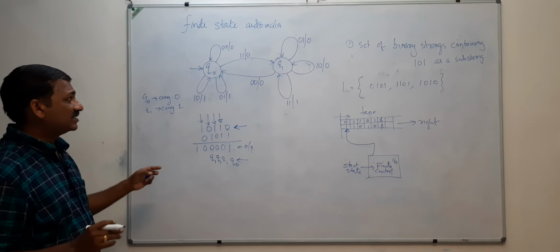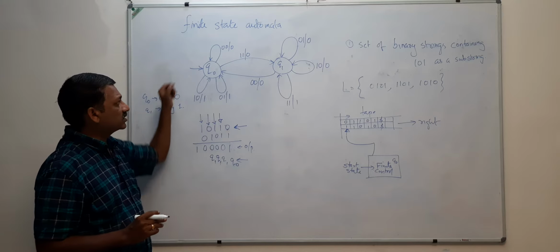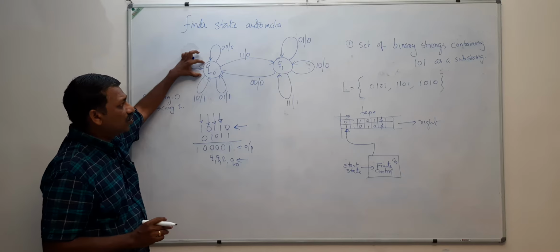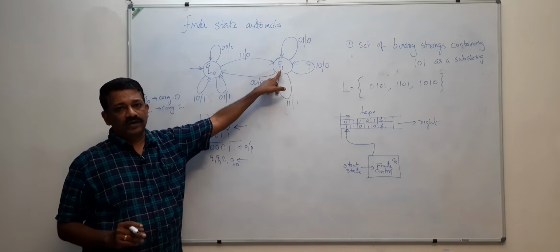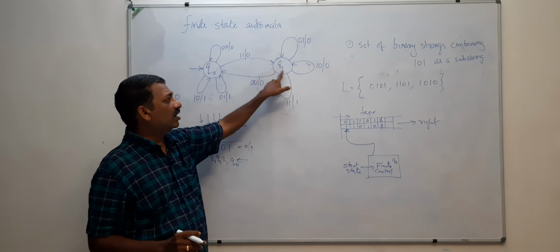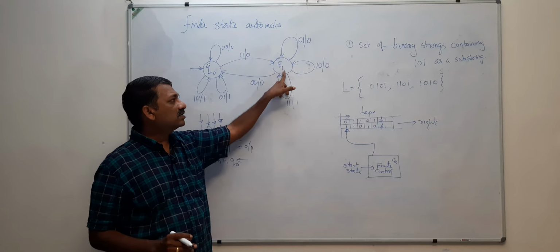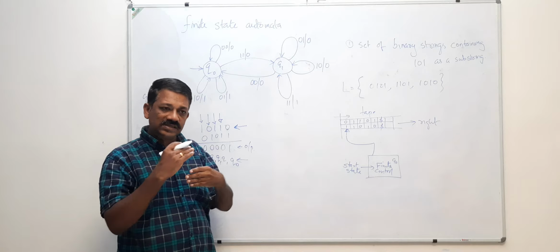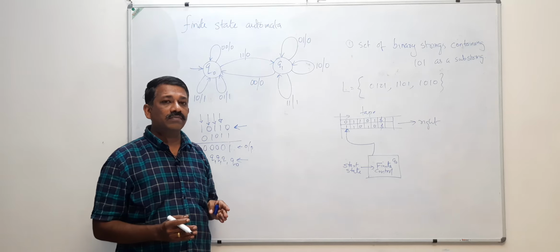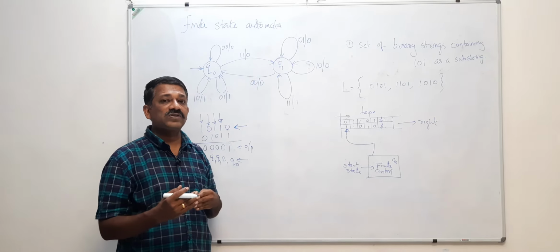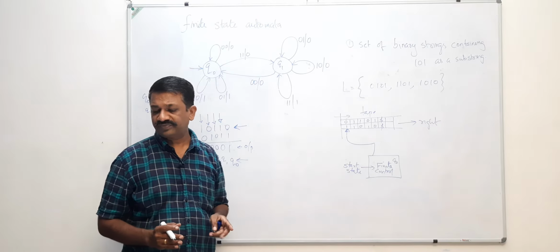For example, if it is in state q0 and receives 1, it will switch to q1. If it is in state q1 and the next input is 1 0, it stays in the same state. So the next state depends on the current state and the current input symbol.